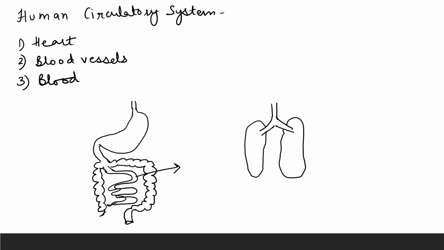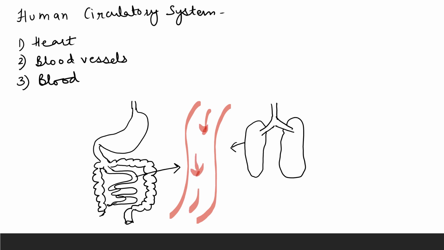So after respiration process, whatever will be released will go directly into the blood, right? Okay. So let's say this is a blood vessel, and in this what we have? We have a blood. Blood is flowing in this, right?